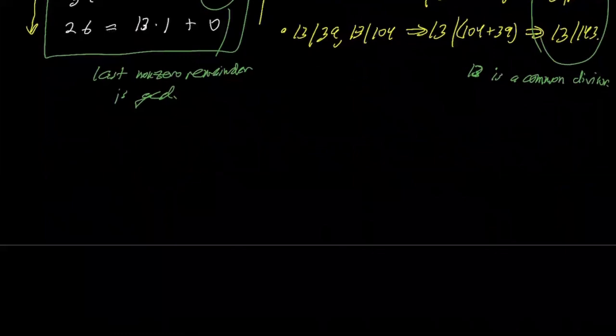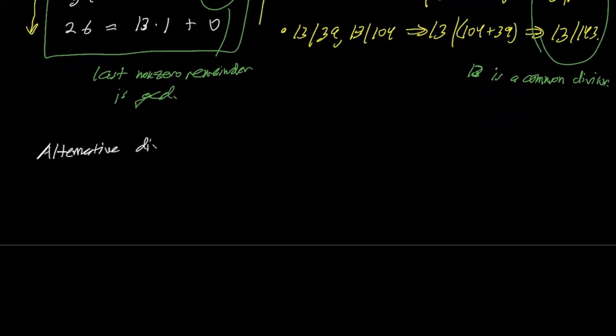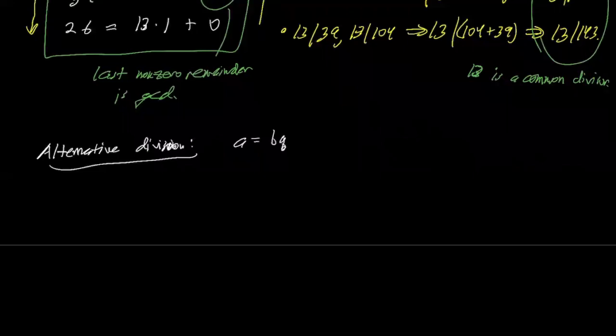So an alternative Euclidean algorithm, or alternative division, is we can say A equals BQ plus R, where R is between minus B over 2 and B over 2.